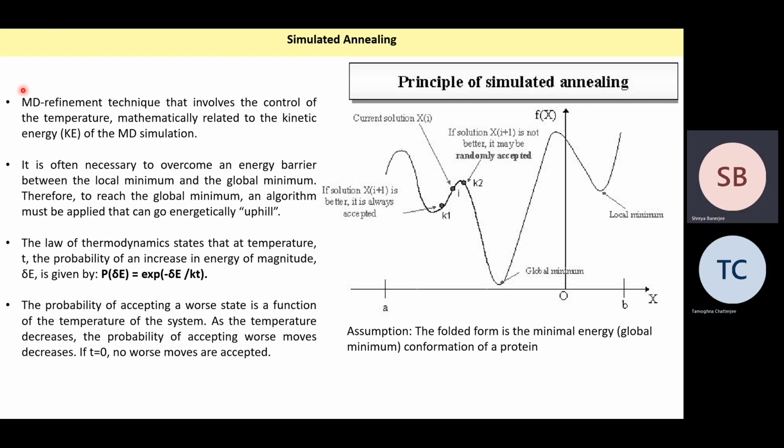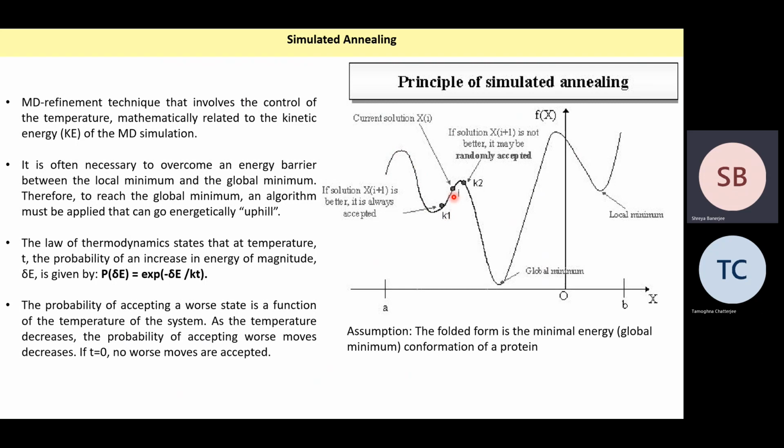Another molecular dynamics simulation technique to find out whether the structure you have is the minimum energy structure or not is known as simulated annealing. In simulated annealing, it is a molecular dynamics simulation, and what happens is that you travel along the energy profile.